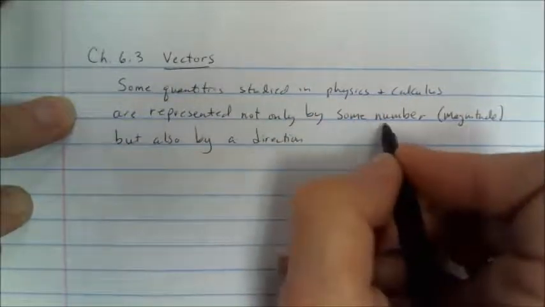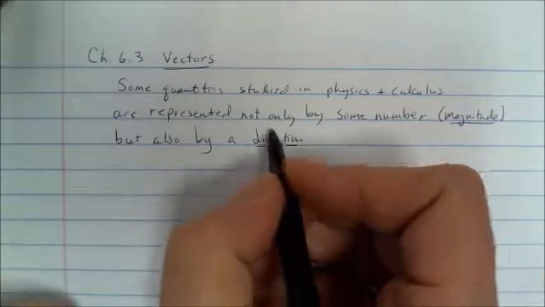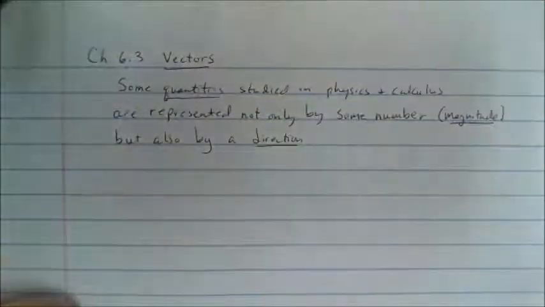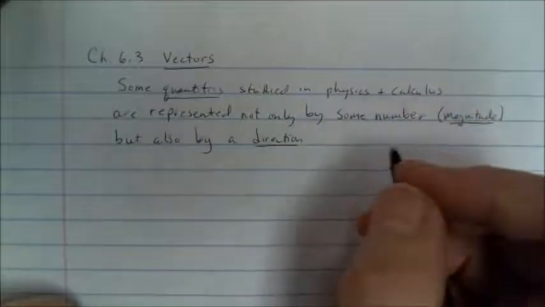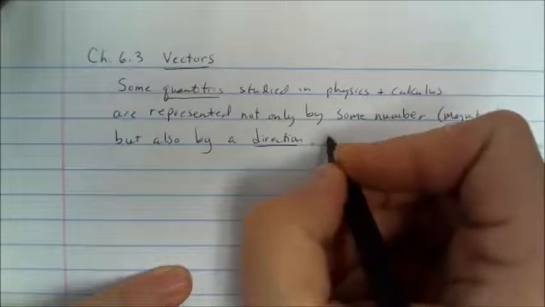All right, so we have a magnitude and direction that we're going to represent some quantities with. Examples of these quantities are velocity and force, two examples.